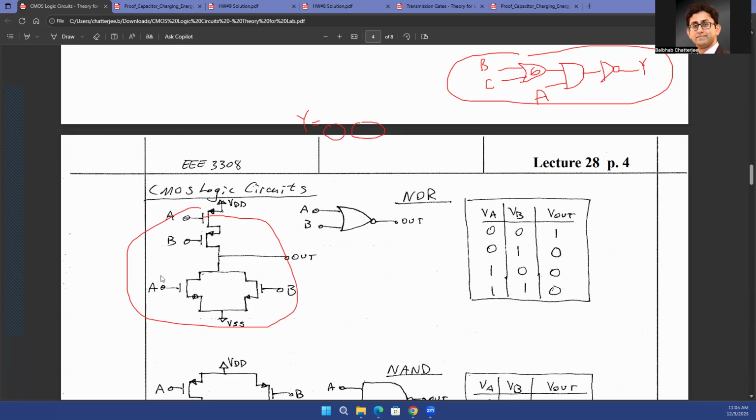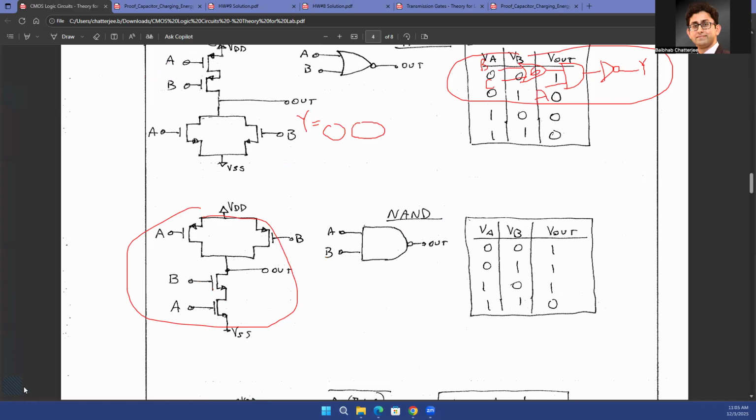Now think about how many transistors we need for the AND gate. Again, you have 4 for the NAND gate, and then you need another 2 for the inverter. So basically you have 6 over here. And then if you use another inverter, you'll need another 2. So you need 6 plus 6 plus 2, 12 or 14 transistors.